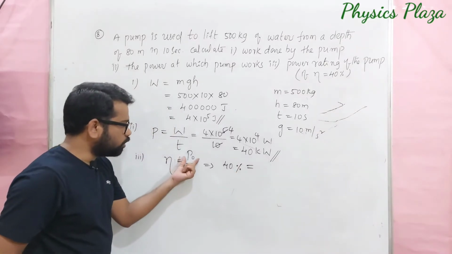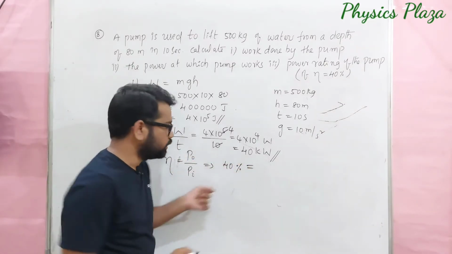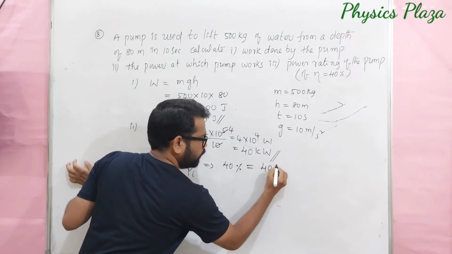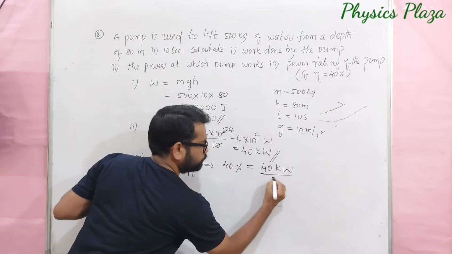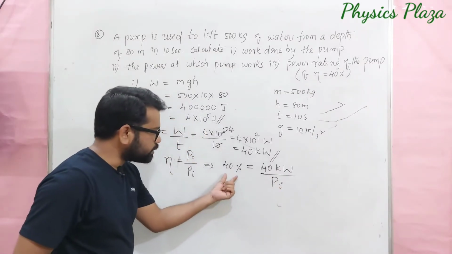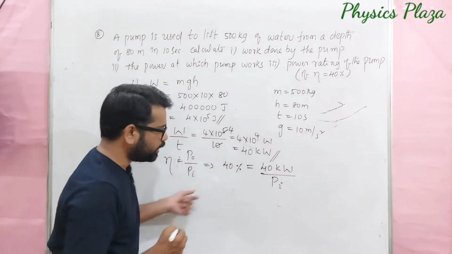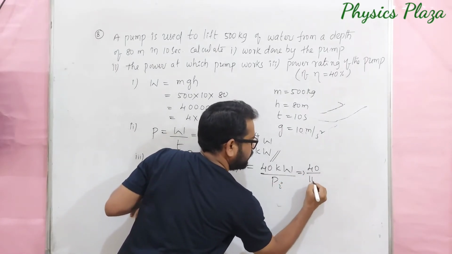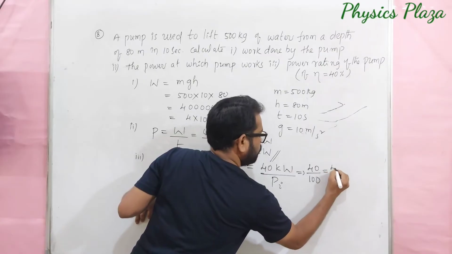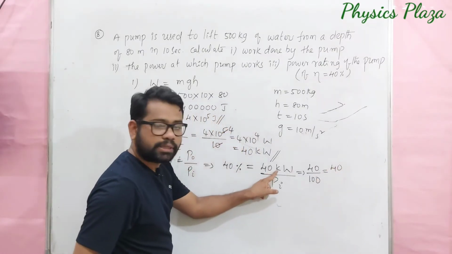Power output we already got, 40 kilowatt. So this is 40 kilowatt by power input. It is 40%, we can write as 40 by 100. So we can write 40 by 100 is equal to 40 kilowatt, that is 1000 watt.